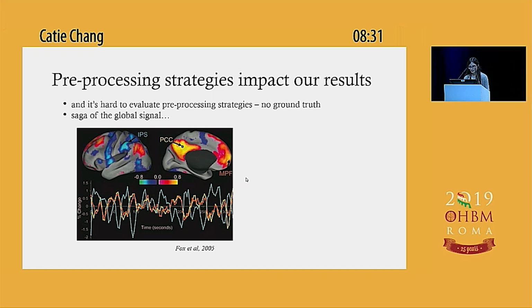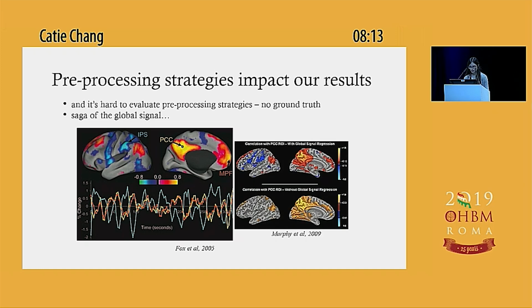But the reason this became a little controversial was that they used a step called global signal regression, which is basically where you take the average of all of your voxels across the brain and regress that out. It's an aggressive way of trying to remove anything that might be common across our voxels, and it was shown to mathematically introduce negative correlations in our data.